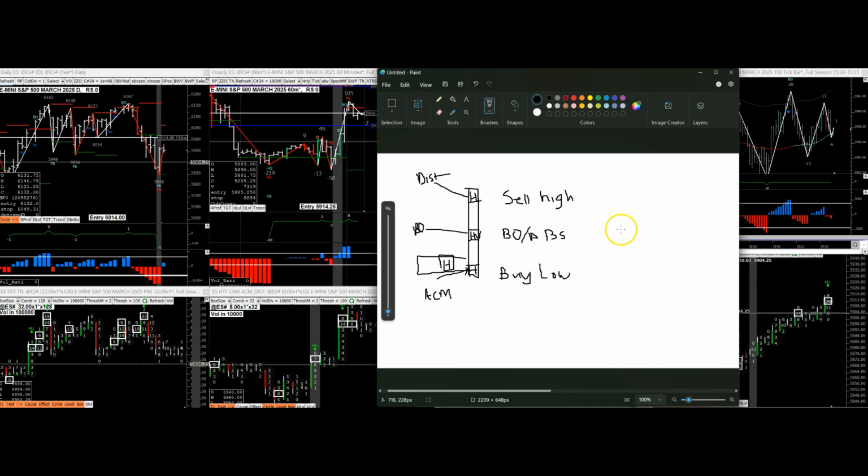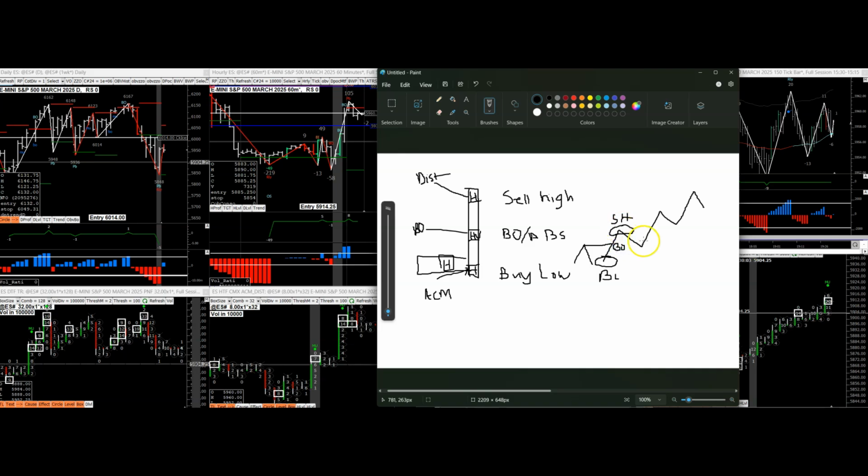Buy, accumulate. It's basically this. So you've seen this. They'll accumulate here, and then they'll take profits here, selling high. So they'll buy low, sell high. Somewhere here there'll be a breakout, so you have breakout volume.